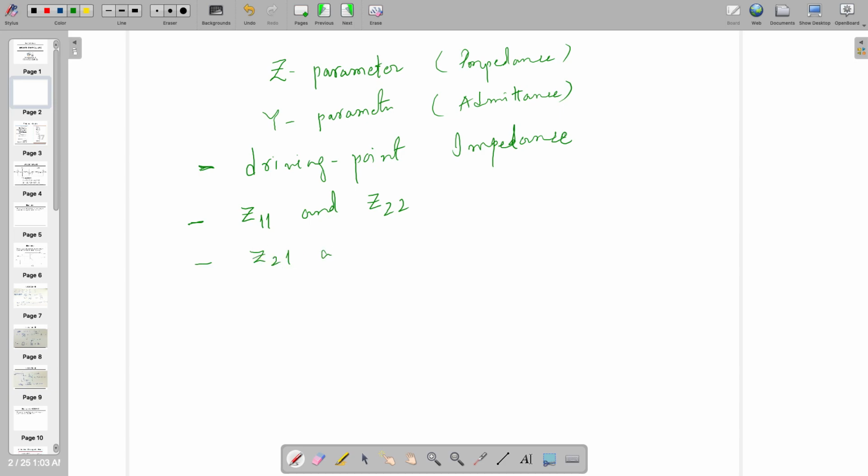Z21 and Z12 are with respect to voltage on one port and current at the other terminals. Generally, when Z21 equals Z12, that kind of circuit is known as a reciprocal network.